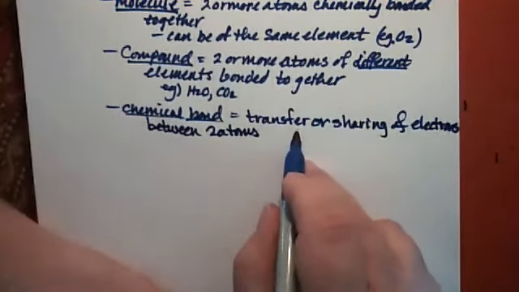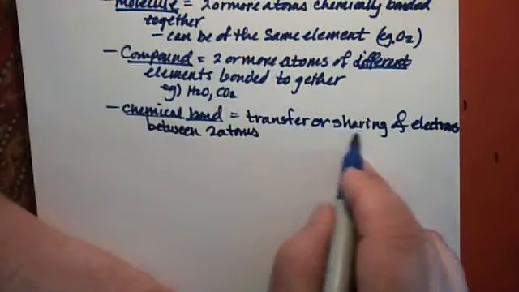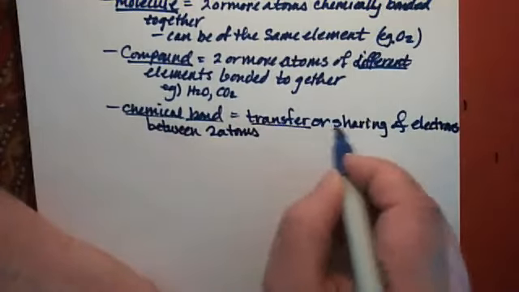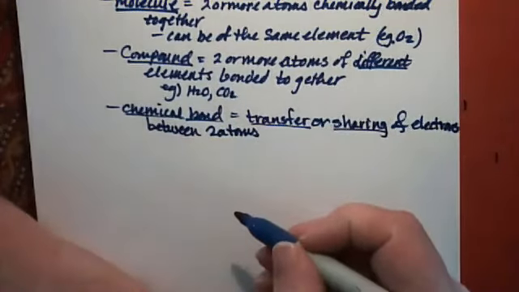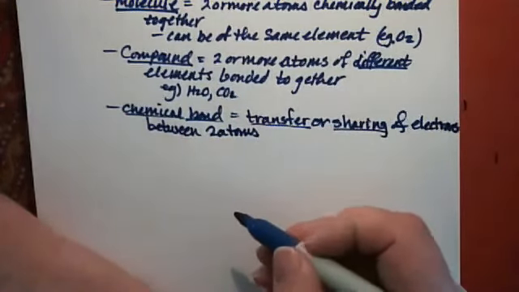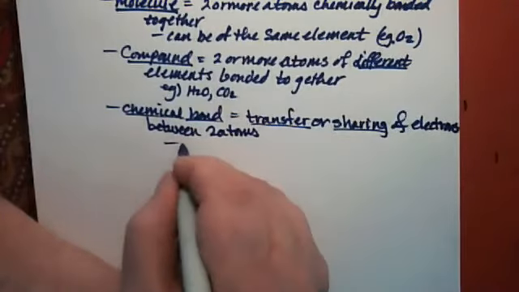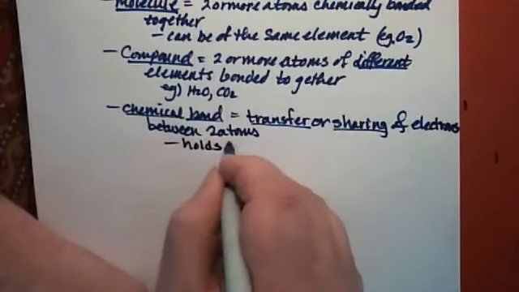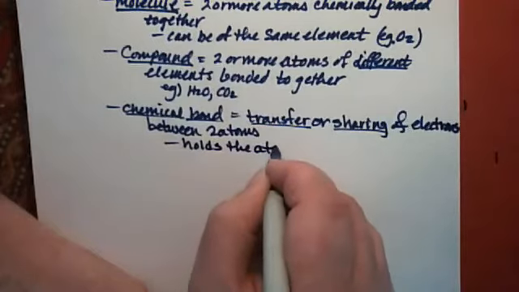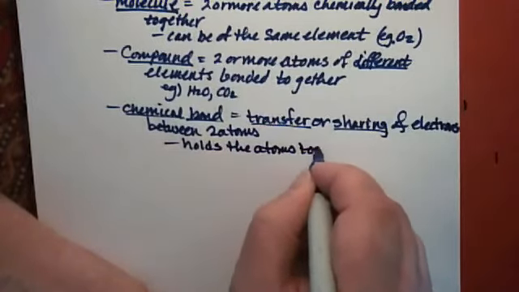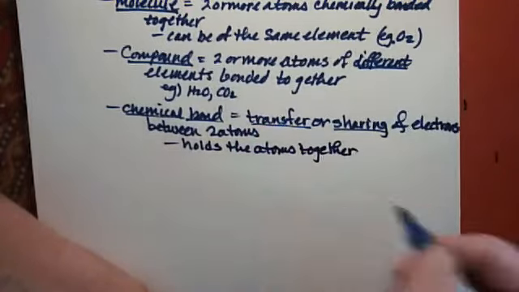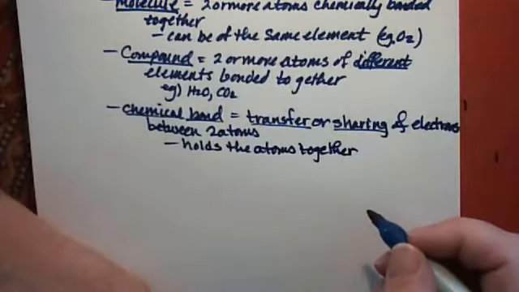One involves transfer of electrons from one atom to another. The other involves sharing of electrons between two atoms. So transfer or sharing between two atoms, and it has the effect of holding the atoms together.